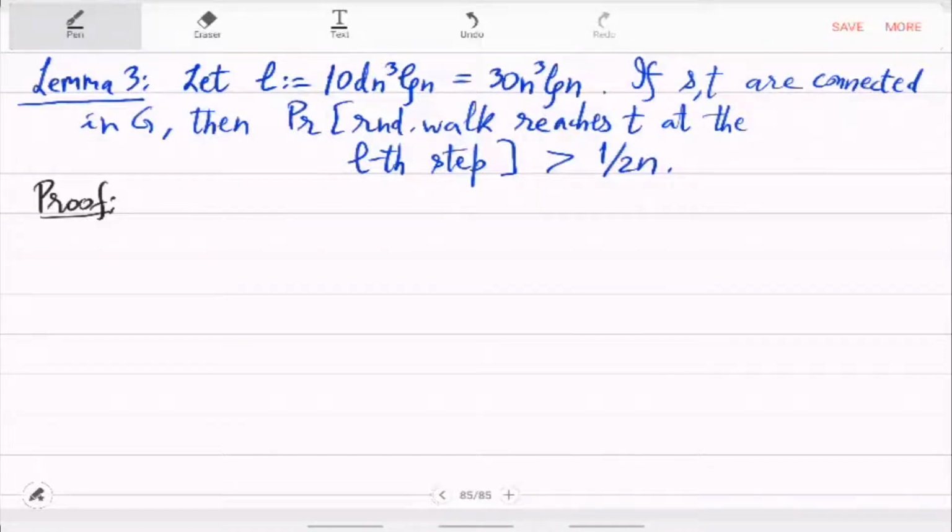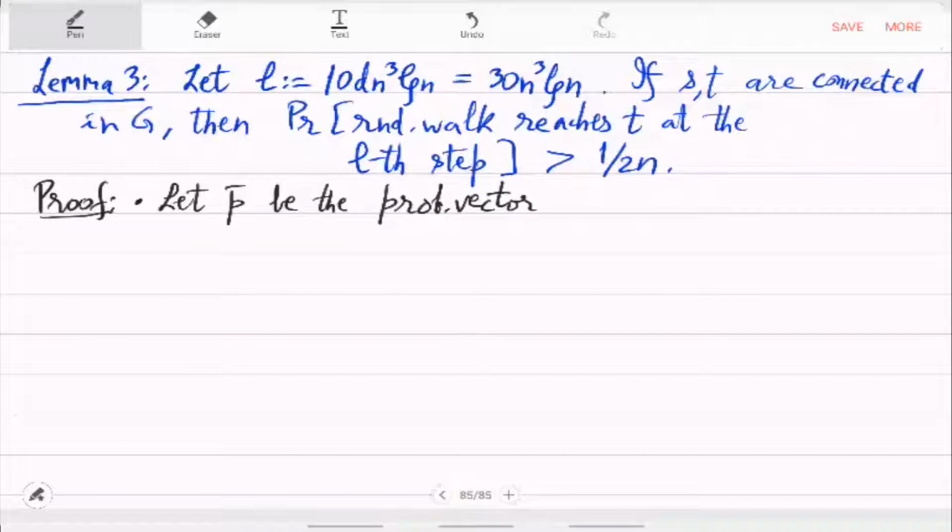So let us prove this. We'll use lemmas 1 and 2, the proof will be easy. So let P bar be the probability vector at the Lth step.